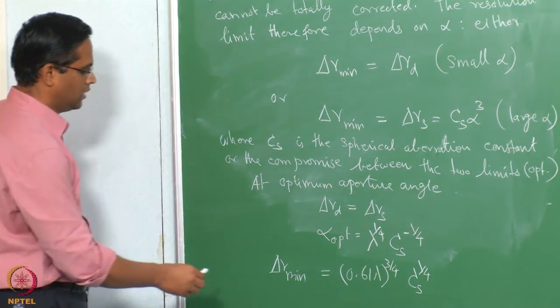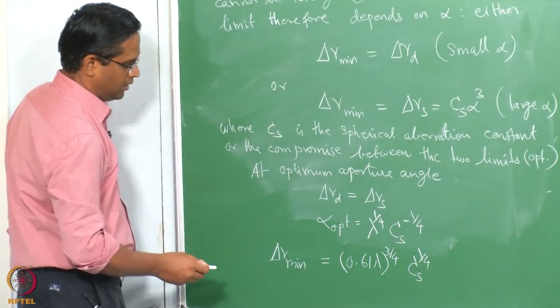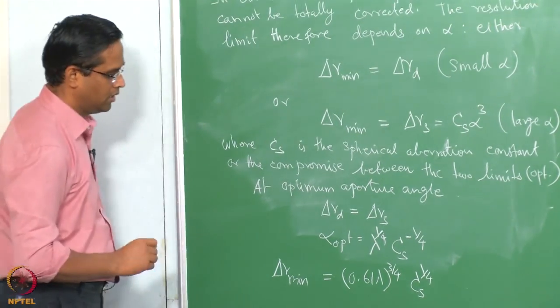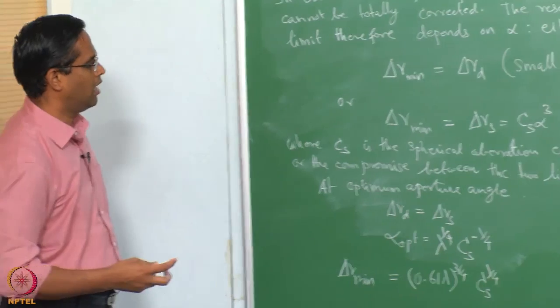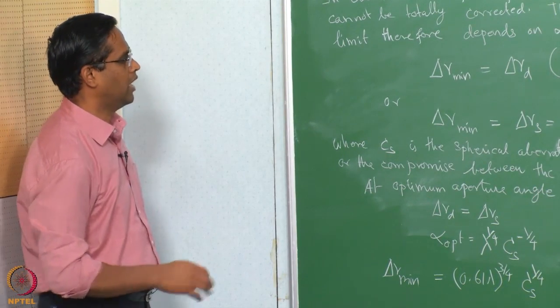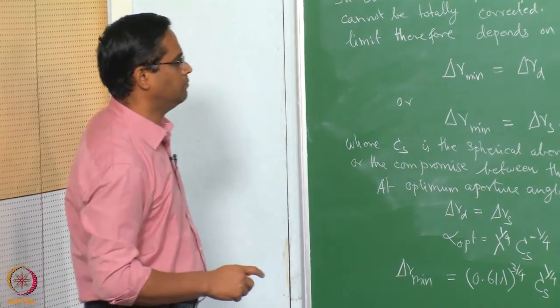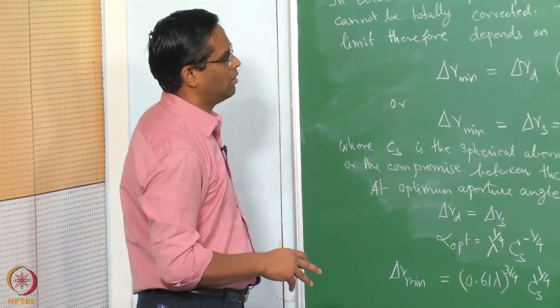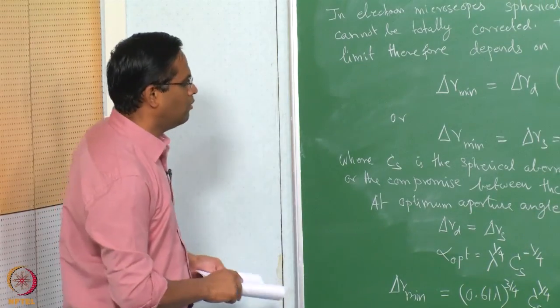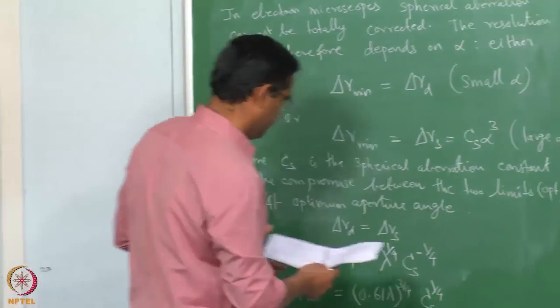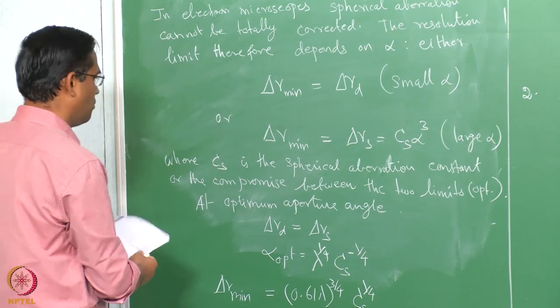So, this is the resolution limit with the spherical aberration in place in electron microscope. So, this is the biggest difference between the light optical system and electron optical system. And then look at the final question, how to minimize this.